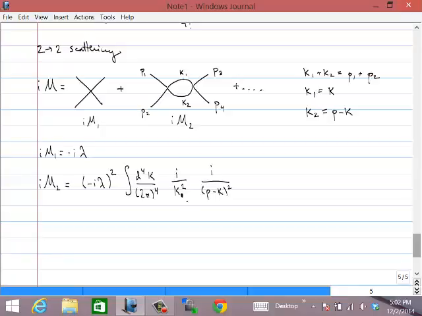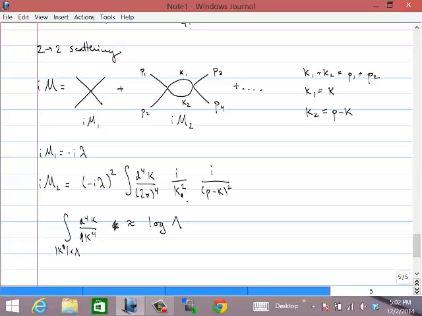So, for example, if you integrated d4k over k to the fourth only over values of k which are less than some cutoff lambda, which we want to take to be very large, then this would diverge logarithmically in lambda.